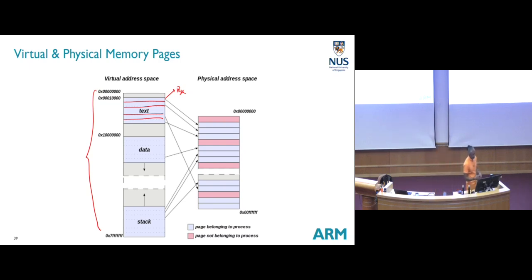For example, this block is copied to here, this block is copied to here, and so on. That means if I'm trying to access this particular memory range, that information is already in my DRAM, so I can directly take it and use it.